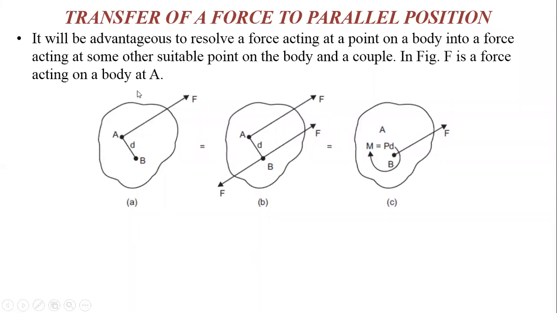It means that whatever effect is produced by condition number 1, which has only one force at point A, the same effect is given when we apply the equal magnitude forces F and F at point B, equal in magnitude but opposite in direction.